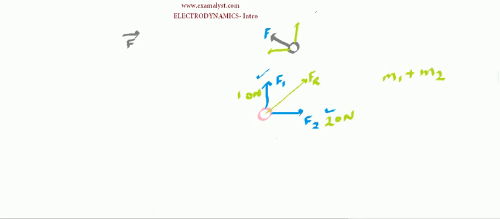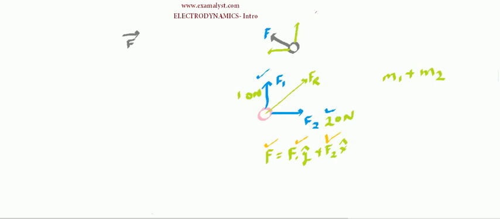You see, it can be said that the resultant force F is caused due to two forces. One is F1, which is acting in the y direction, and another is F2, which is acting towards the right. So this particular force is the final force, and this final force and the final direction is caused due to F1 and F2.